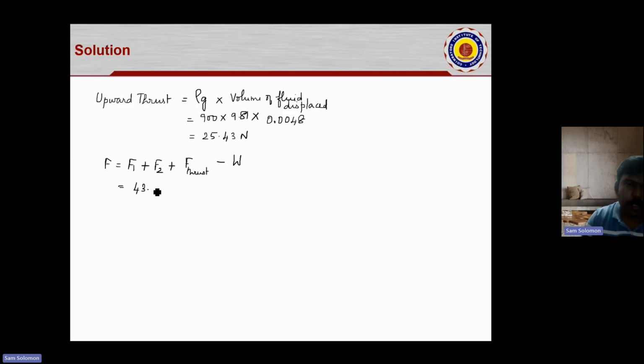So 43.2 plus 43.2 plus 25.43 minus the weight of the plate, which is 40 newtons, and so we get 100.97 newtons. So that is the force that is required to pull the plate in the upward direction. Okay, thank you. We'll stop here and meet back in the next lecture.